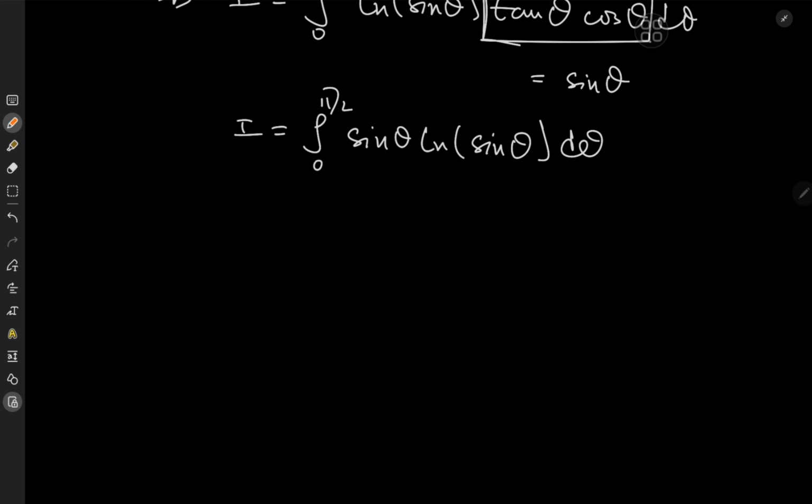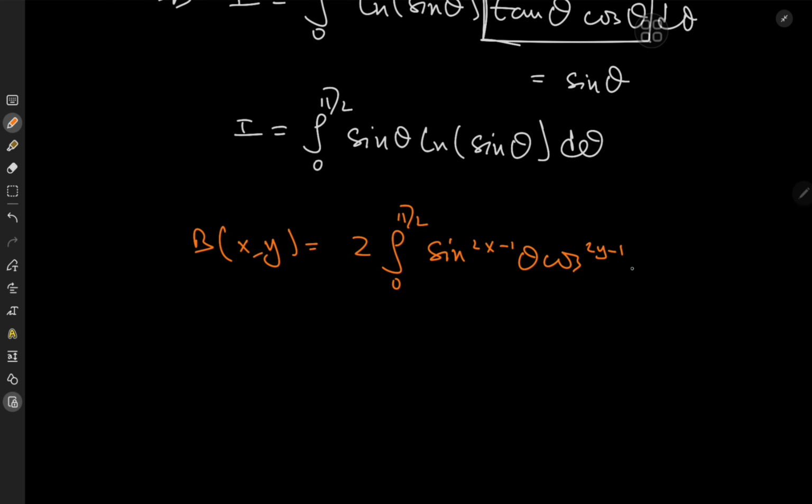Well, since we have log sine and sine, it makes perfect sense to invoke the beta function. So the beta function with complex arguments x and y equals twice the integral from 0 to pi over 2 of sine to the 2x minus 1 of theta times cosine to the 2y minus 1 of theta d theta.